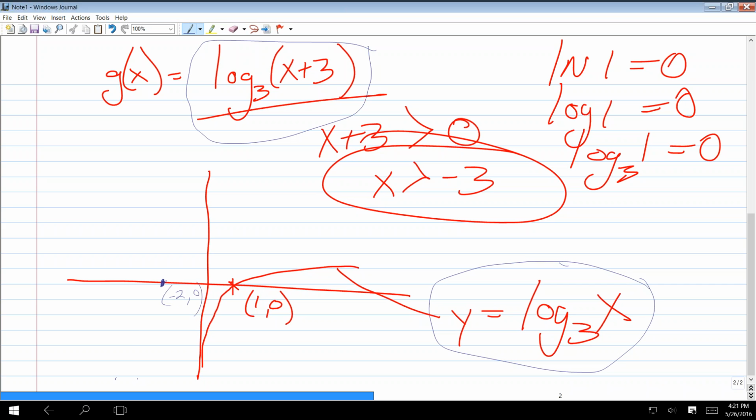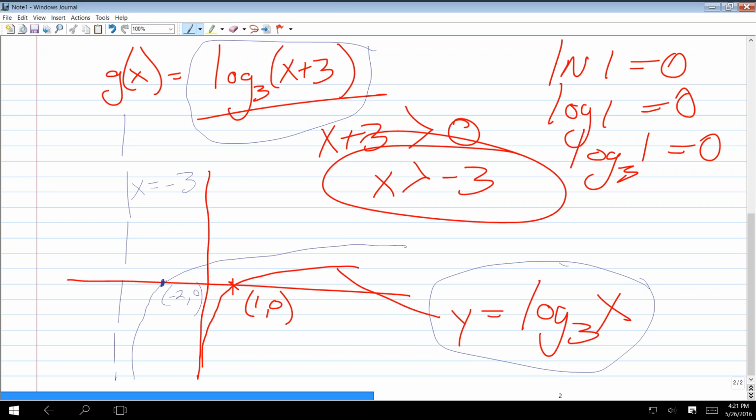And I basically have a graph that looks almost parallel to it, and it has a vertical asymptote at x equal minus 3. Notice that when x is equal to minus 3, we would be taking the log of 0, which we cannot do.